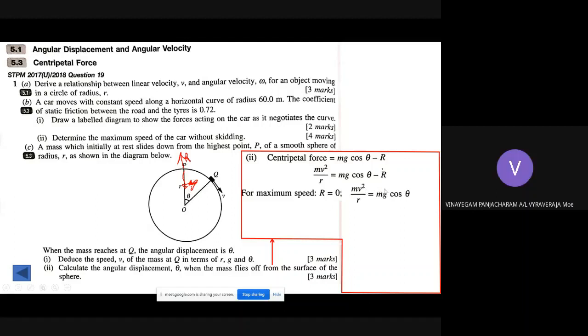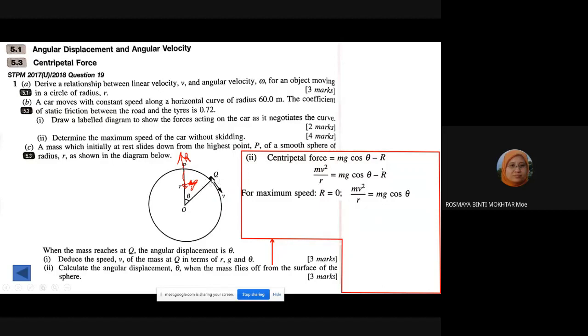Teacher, can you explain that last part about R? I got a bit confused. Yes. So if R is 0, R is outward, right? So if R is 0, no more force to balance the mg cos theta.